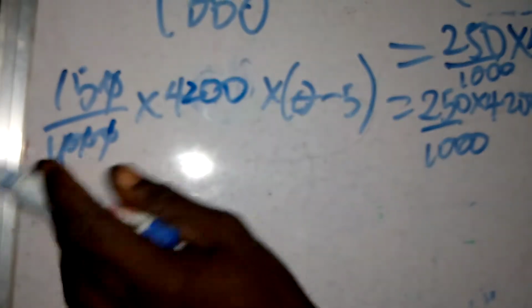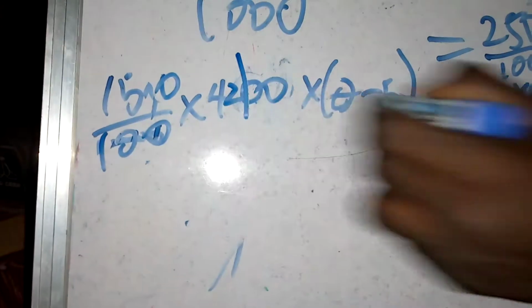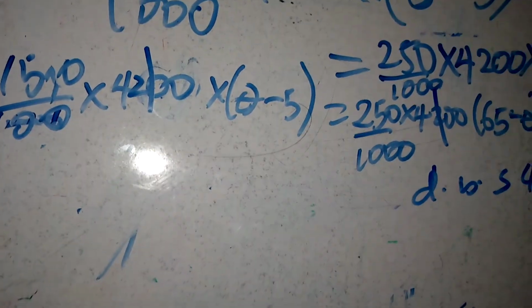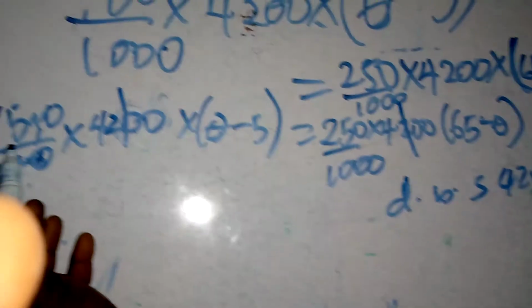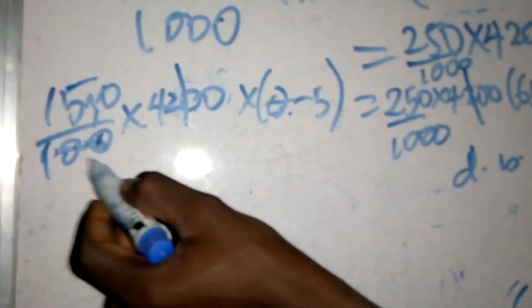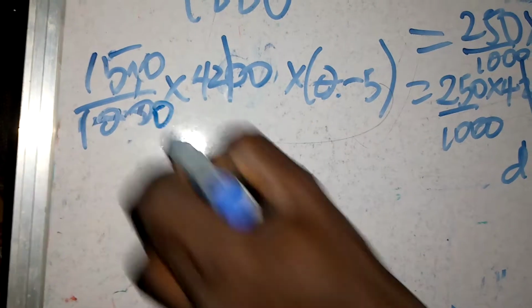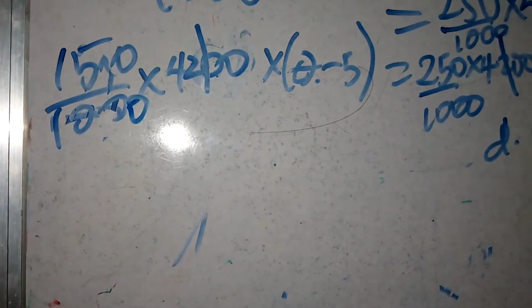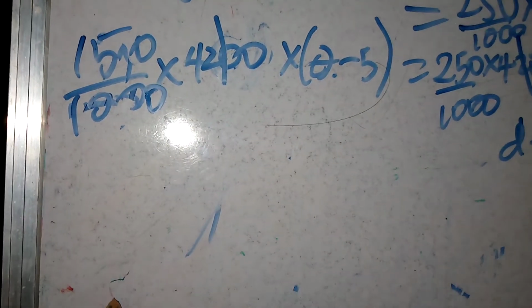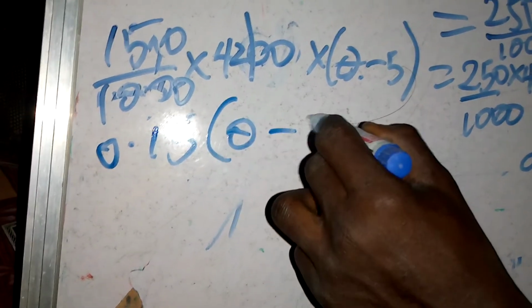Then 150, so this cancels this, you can still say divide both sides by 4200, since they are the same. So when you multiply 150 by this, let's cancel this. When you divide this, it will give you 150 divided by 1000. So that will give you 0.15 multiplied by theta minus 5.